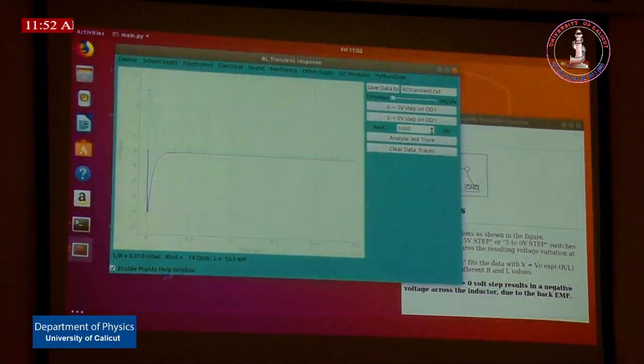So I'll remove this and put a new resistor. Oh no, it's the other way. If you use a bigger one, it's not going to. It is R by L, so you need to go for a smaller one actually.